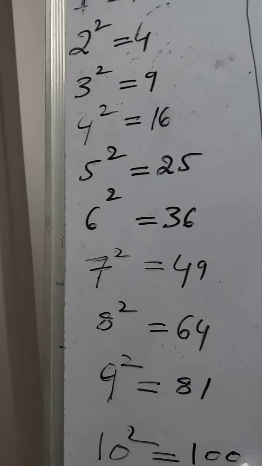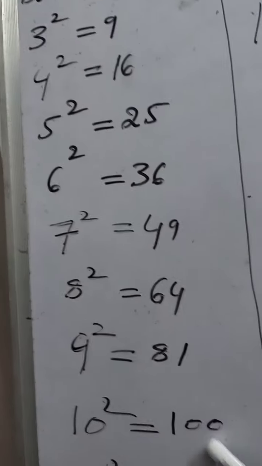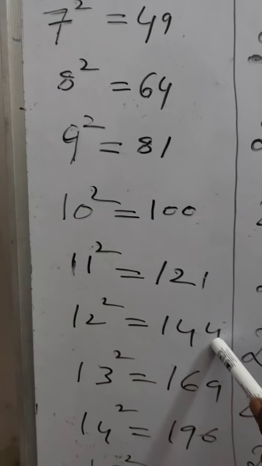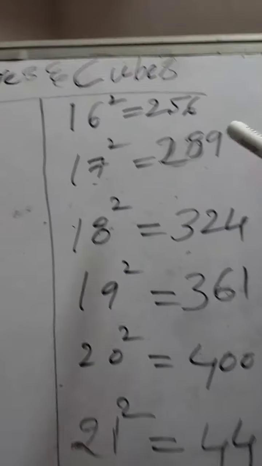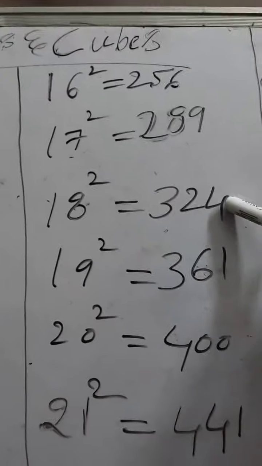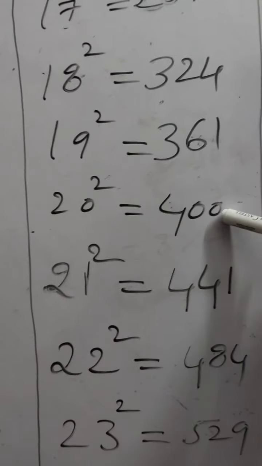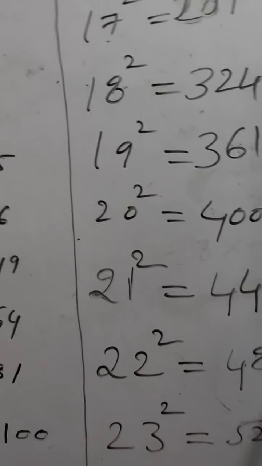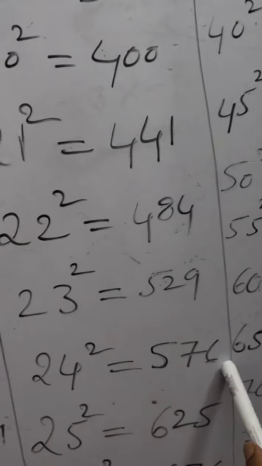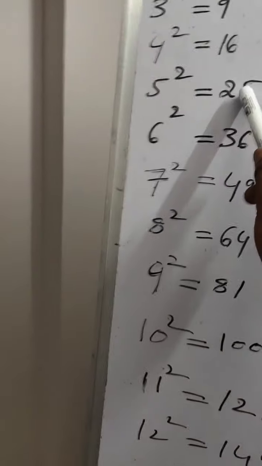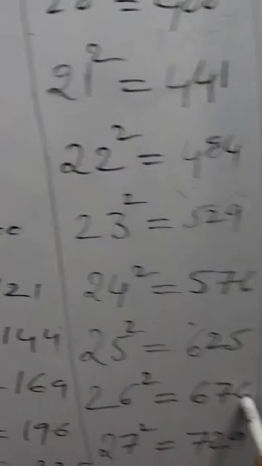Again it will repeat the same, 1, 4, 9, 6, 5. It goes on: 6, 9, 4, 1, 0. Again 1, 4, 9, 6, 5.